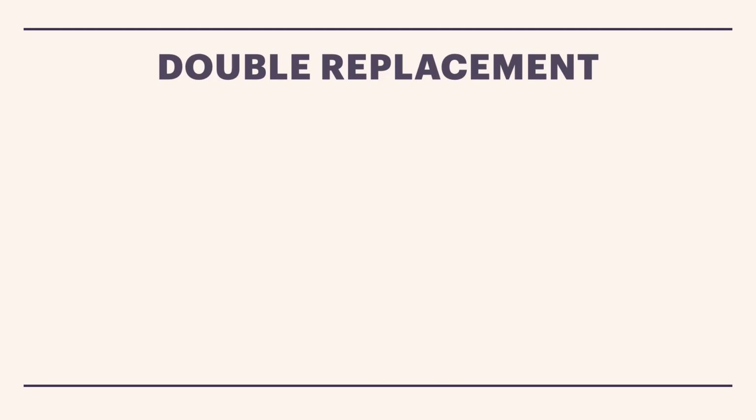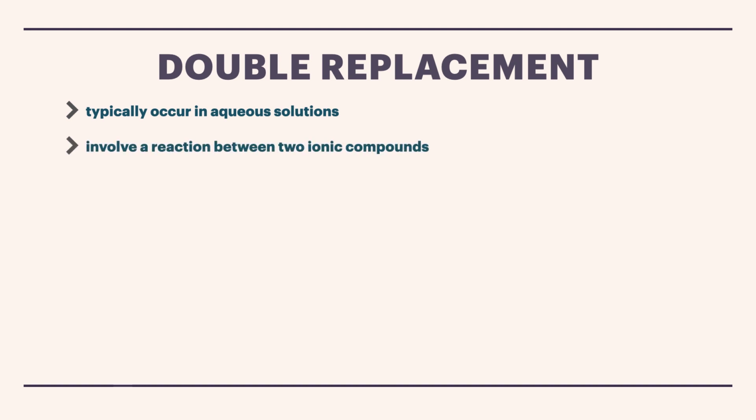So a double replacement reaction is going to take place in an aqueous environment, in aqueous solution. So you will have ionic compounds that are dissolved in water, and we're going to mix them together. So you will have a reaction between two ionic compounds. When you see that, you know that's what is about to take place, or potentially will take place.